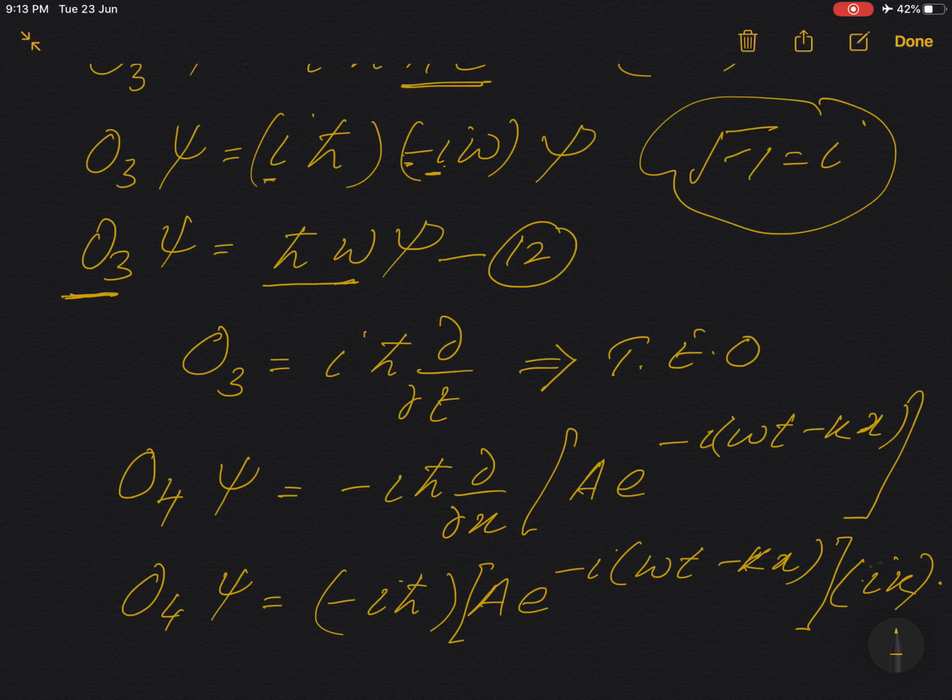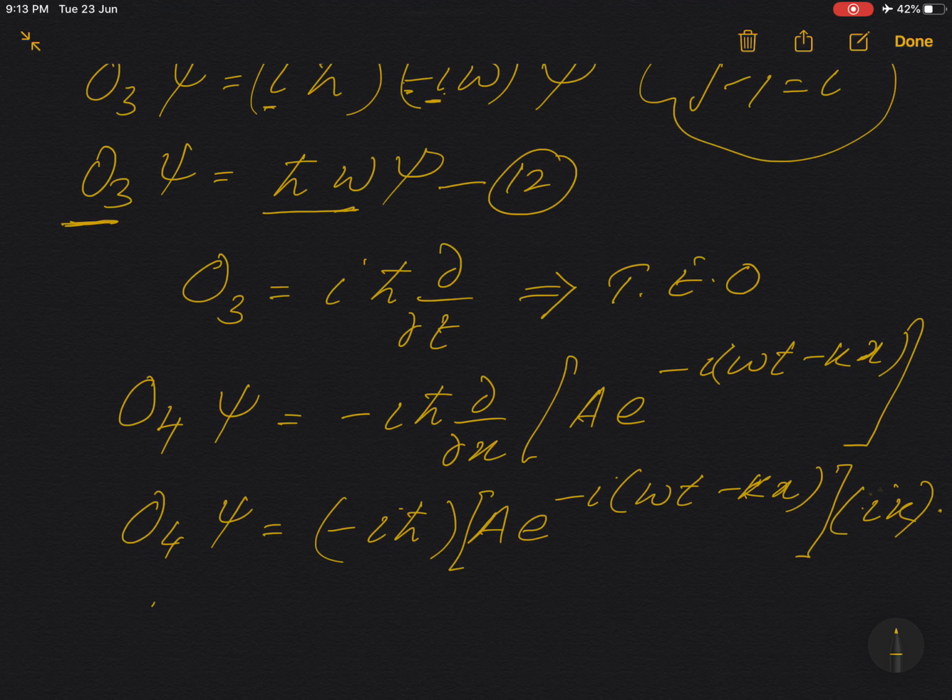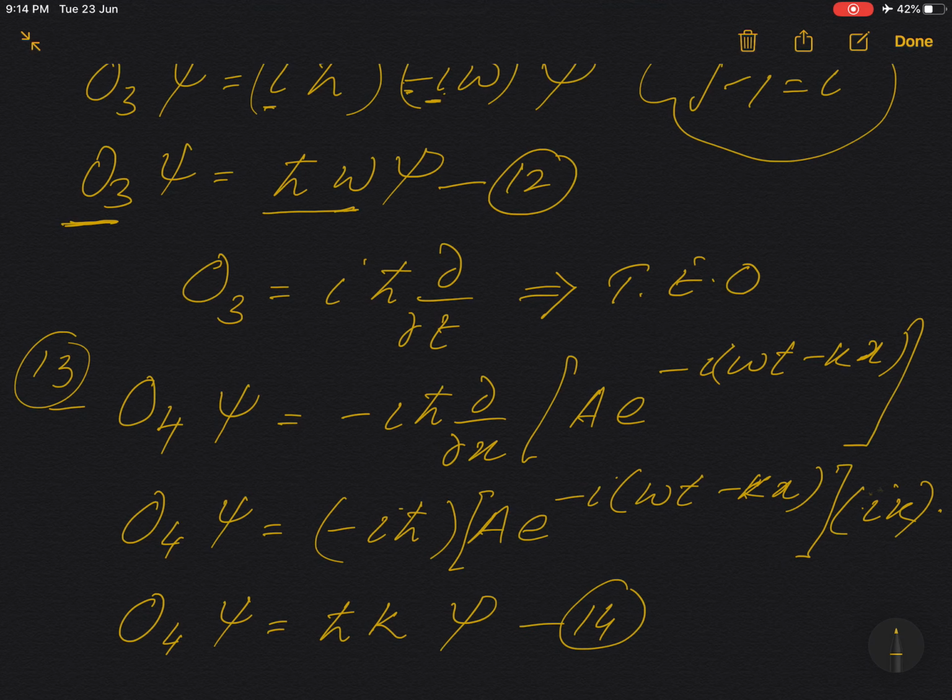Let me put a small bracket, it looks better. So O4 working on psi equals, now this i and i become i squared, which is minus 1, and this minus gets nullified with the minus sign. I get ħk. I need to tell you this is my psi. Let me call this equation number 13, and let me call this equation number 14.